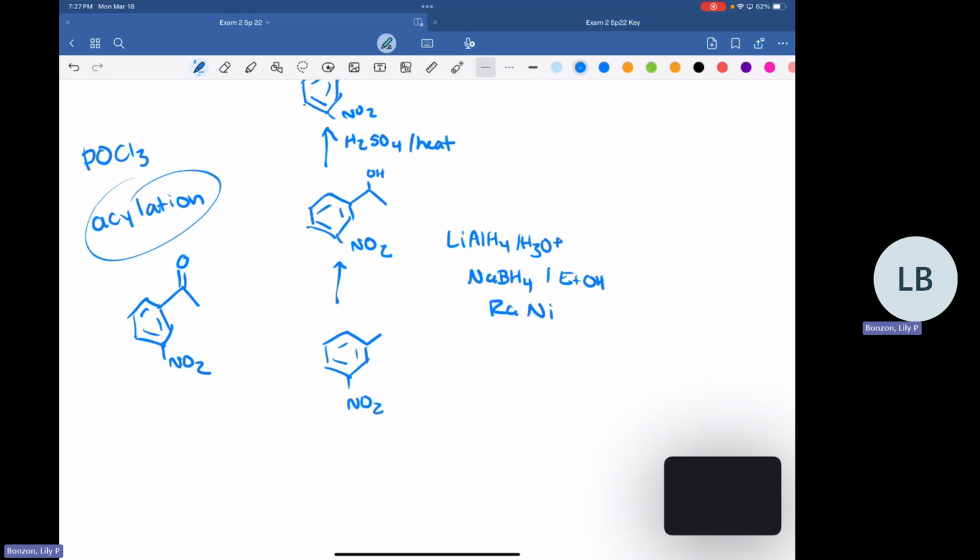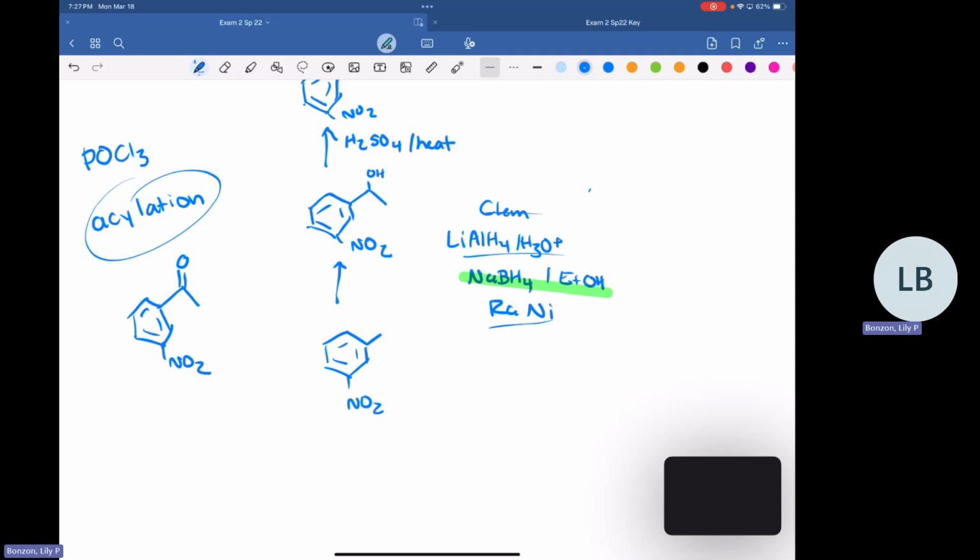So of these reducing reagents, we also have the Clemmensen reduction. But out of these reducing reagents, we're going to want to go with NaBH4 ethanol as our best bet, just because these other reducing reagents are going to be very strong reducers. And so Clemmensen, if you'll remember, it takes it all the way to the alkane.